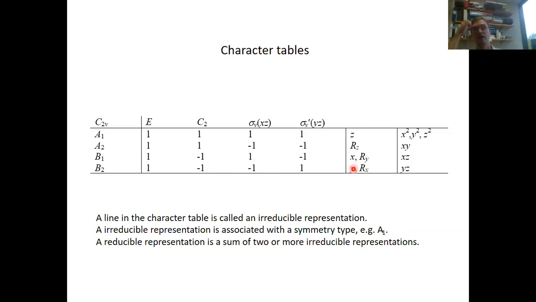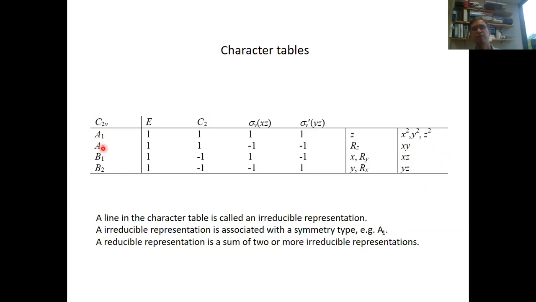You can also have, for instance, square functions. In this column here, square functions are being listed. Any square function, which would be a function of x squared, would have the symmetry type A1 in the point group C2v. Any mathematical function which is a product of x and y would, for instance, have the symmetry type A2 here.